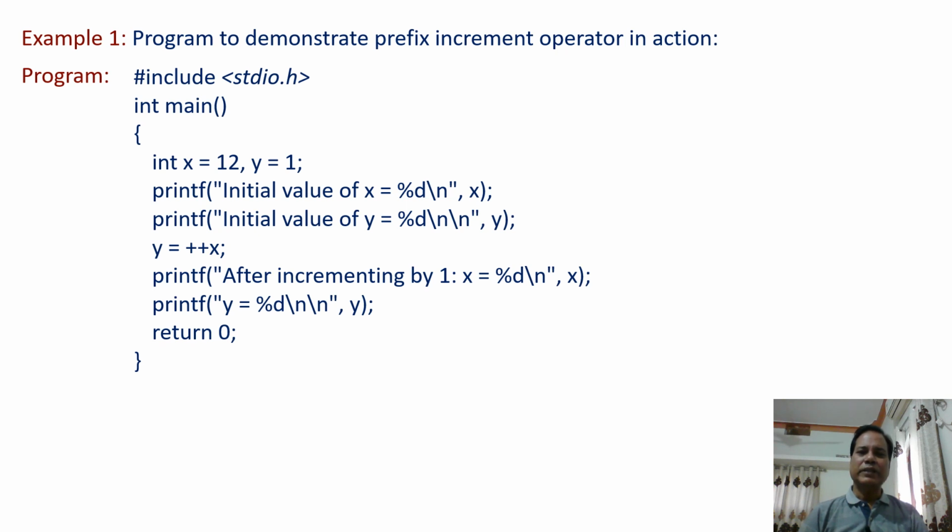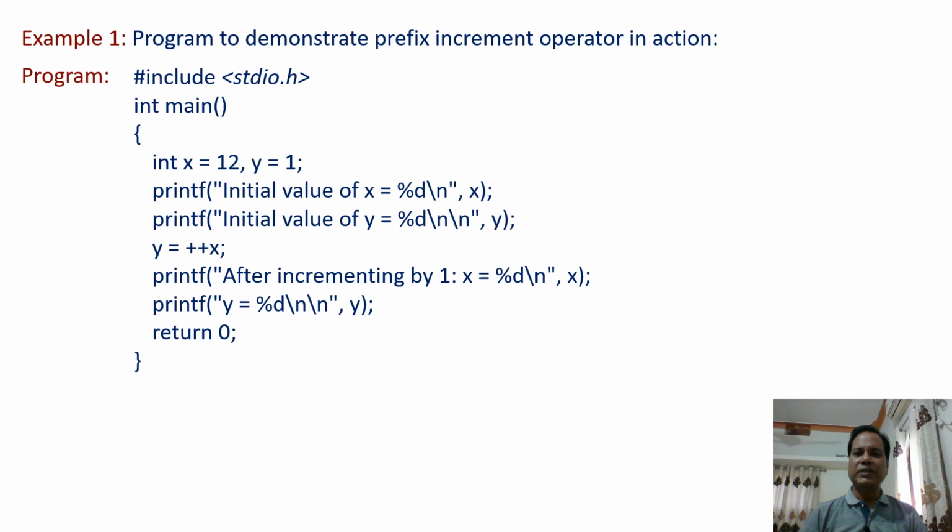The next statement is also a printf statement. What is written in the double quotation marks gets printed on the output screen. So again, initial value of y =, at this point %d is there.